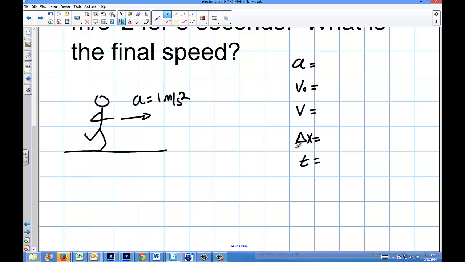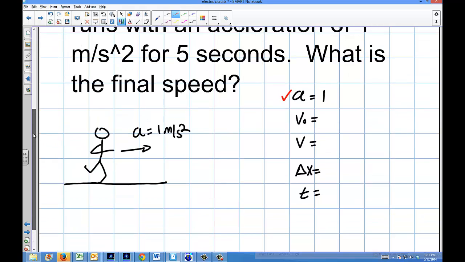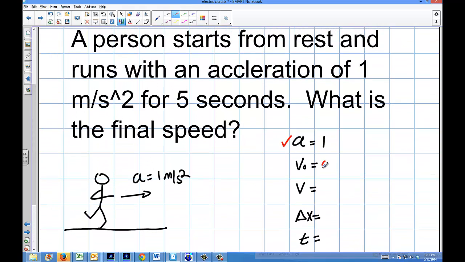So acceleration we have here. With kinematics, I know I need 3 variables. So acceleration is 1. Starts from rest, so I know my v initial is 0, so I'll go ahead and write that as 0 there. And I'm running for 5 seconds.